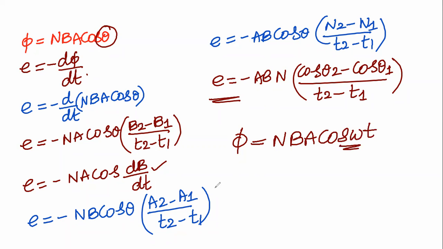Why? Angular velocity omega is equal to angular displacement divided by time period. Therefore, angular displacement theta is equal to omega into t.